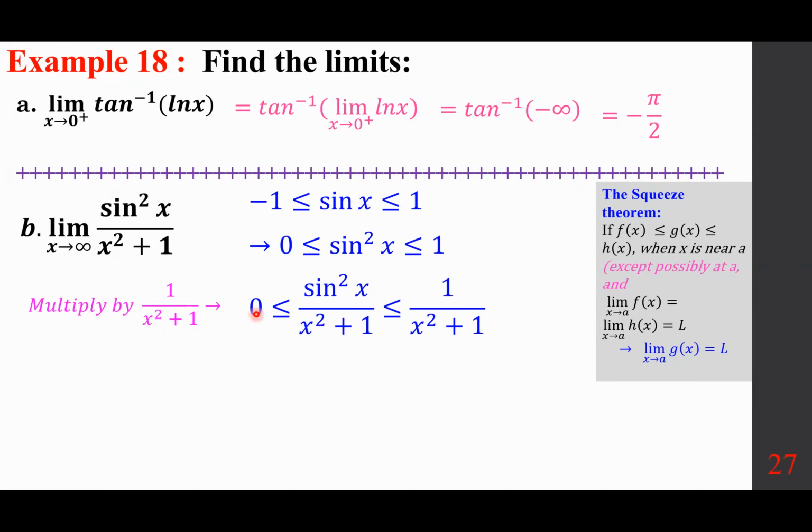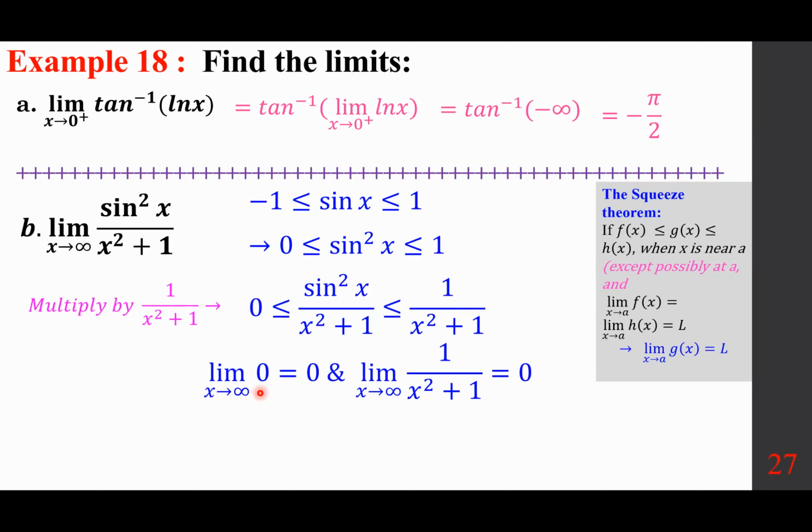If you take a limit of the left side, namely 0, as x approaches infinity, obviously you get 0. If you take the limit of the right side, 1 over x squared plus 1, as x approaches infinity, obviously we get 0. We write that.